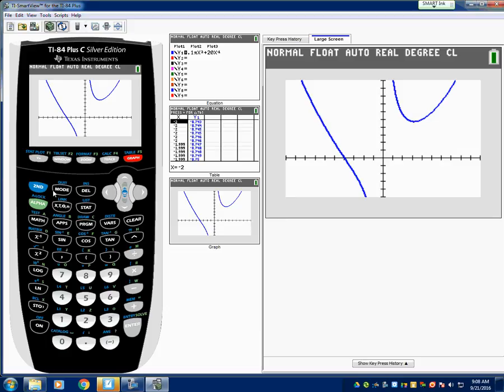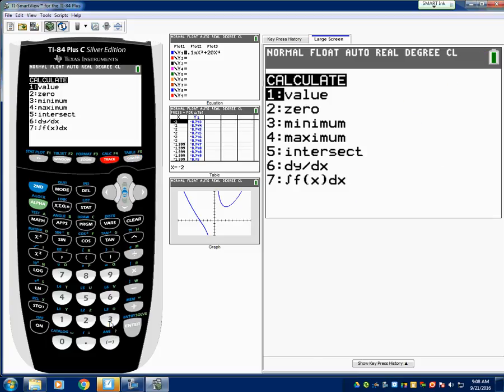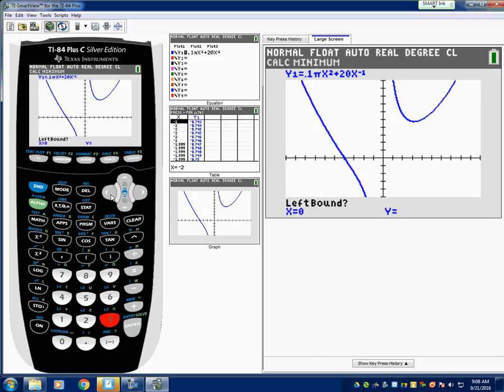So I go to second, calculate, minimum, and the left bound. There it is. So there's my left bound, maybe somewhere around 1.2.